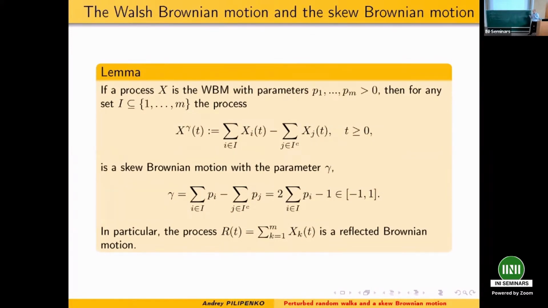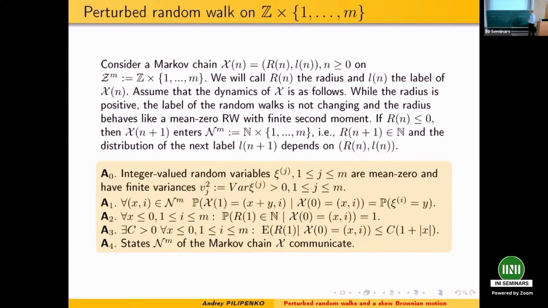So if I prove some limit theorem where the limiting process is Walsh, then I can prove a functional limit theorem where the limiting process is a skew Brownian. And now let me explain the model, and it would be better to make a picture.